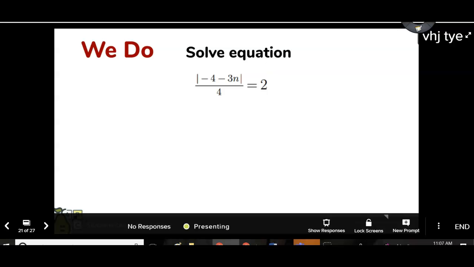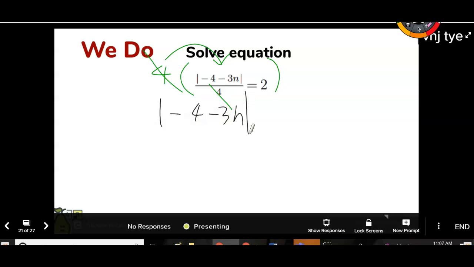So last one, let's do this. First, get rid of the fraction by multiplying your entire equation by the denominator. Okay? So 4 times the fraction, the denominator is gone, and you have the absolute value bars left, equal sign, and then 4 times 2 on the other side gives you 8.